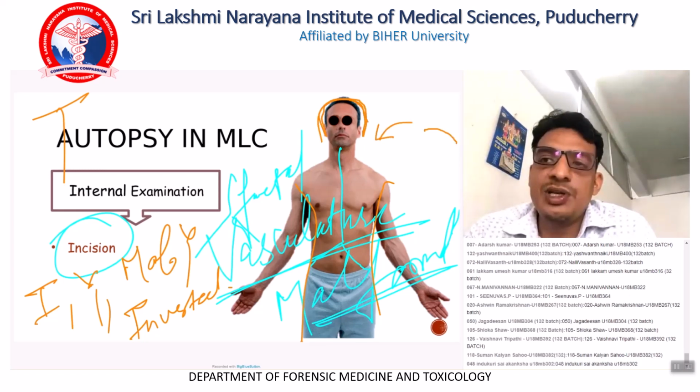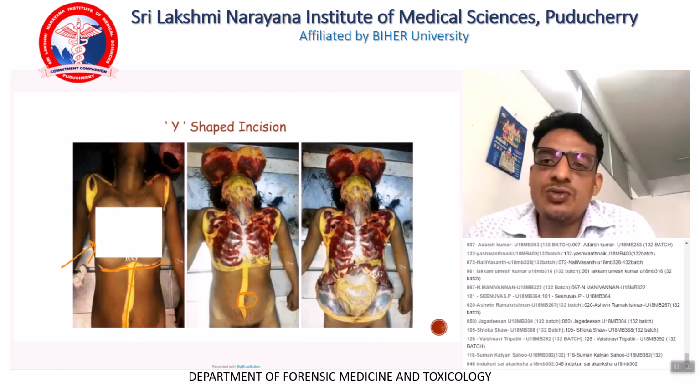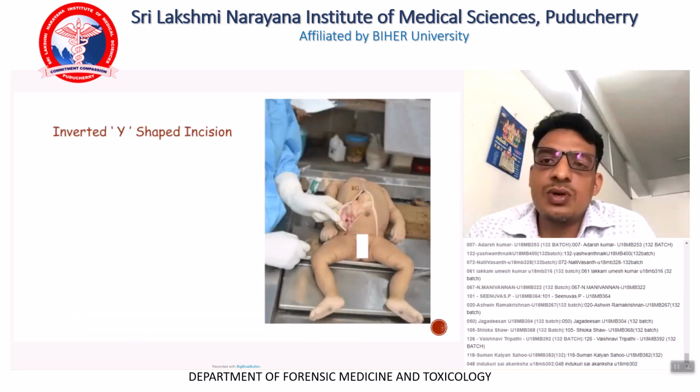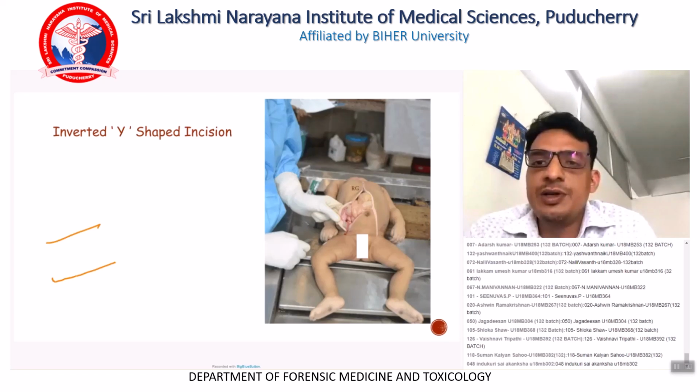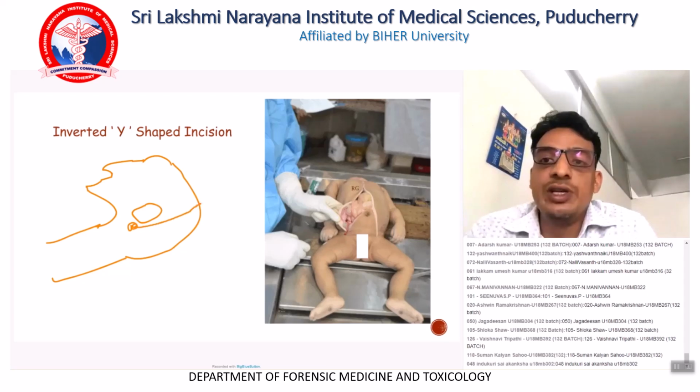Let's assume we are looking at a person, this is the mastoid tip, we'll go like this, and on the other side we'll extend it, then we'll raise an anterior flap and a posterior flap.